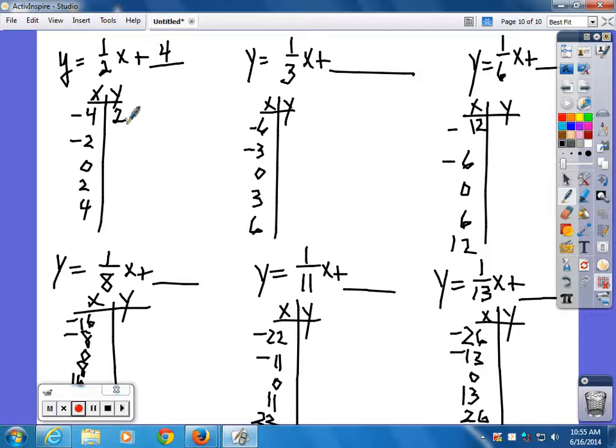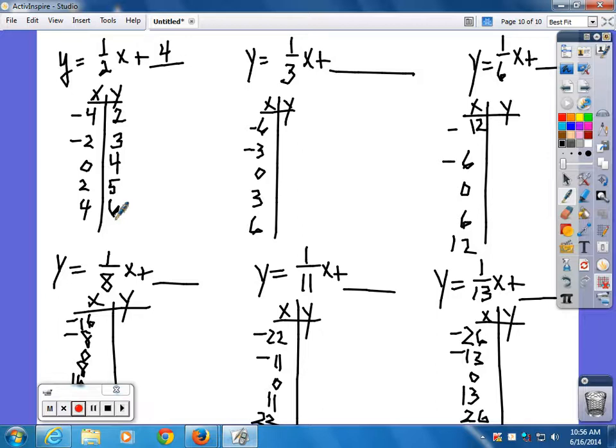What's negative 2 divided by 2? Negative 1. What's negative 1 plus 4? 3. 0 times anything is 0, plus 4 is 4. 2 over 2 is 1, plus 4 is 5. And 4 divided by 2 is 2, plus 4 is 6.